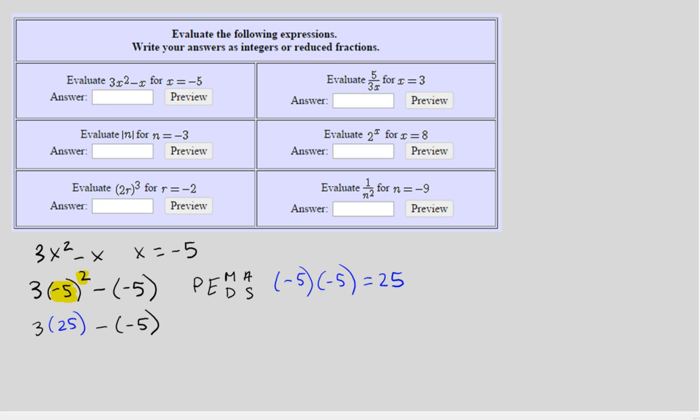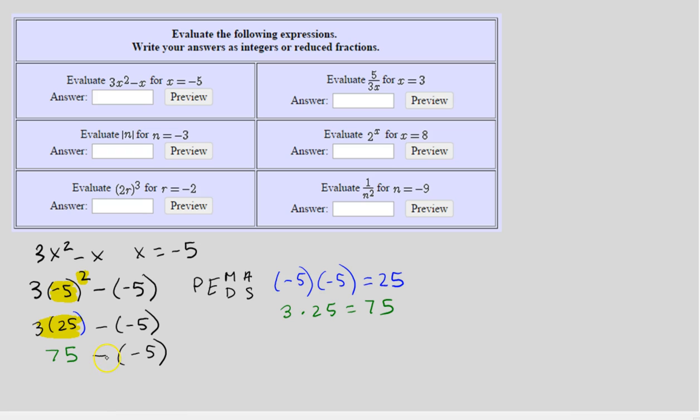Let's highlight what we'll do next. So 3 times 25 comes next. And I'm going to do this work on the side. 3 times 25 is 75. So now I'm going to replace this with 75 and copy down the rest of the expression.